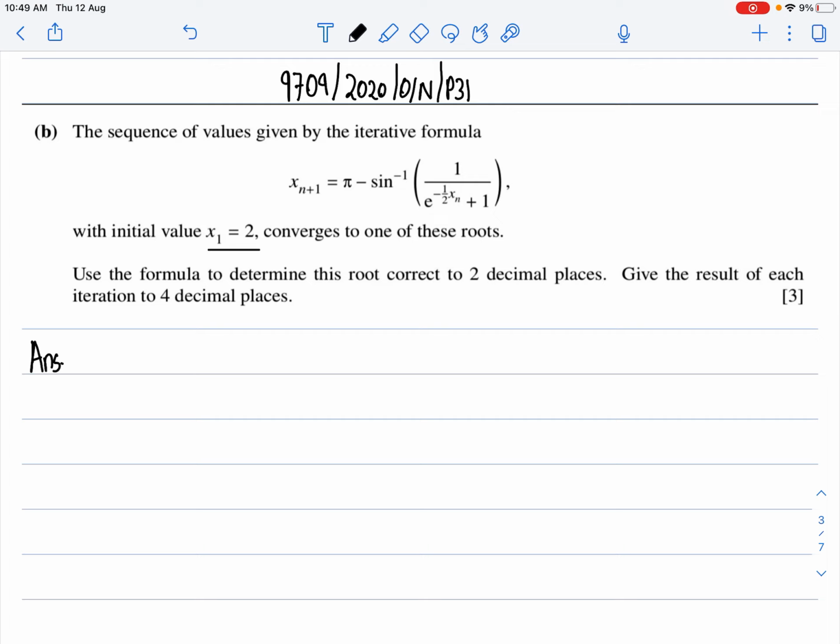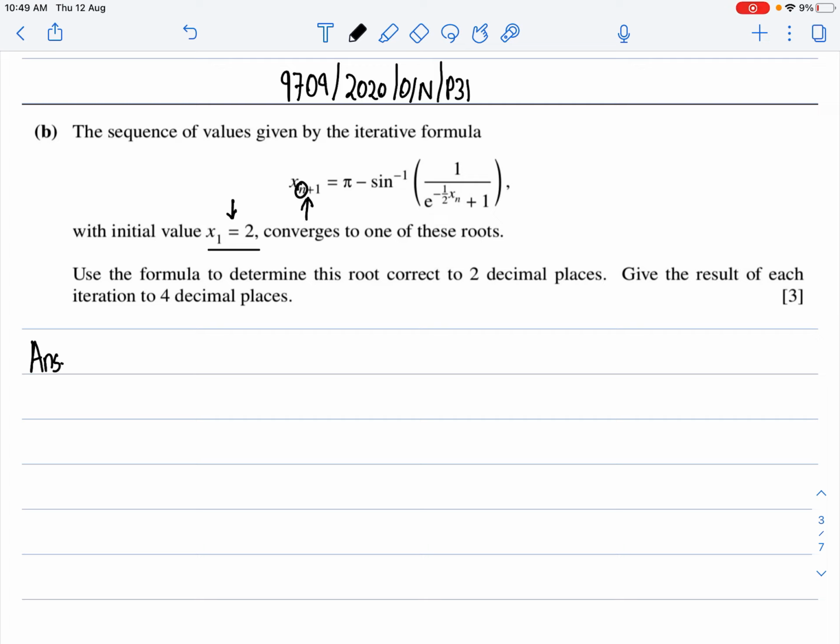Basically, as you know, they have given you an initial value here which is x1. That means I need to calculate x2, x3, x4, like that. If the next value I need is x2, how will I get it?